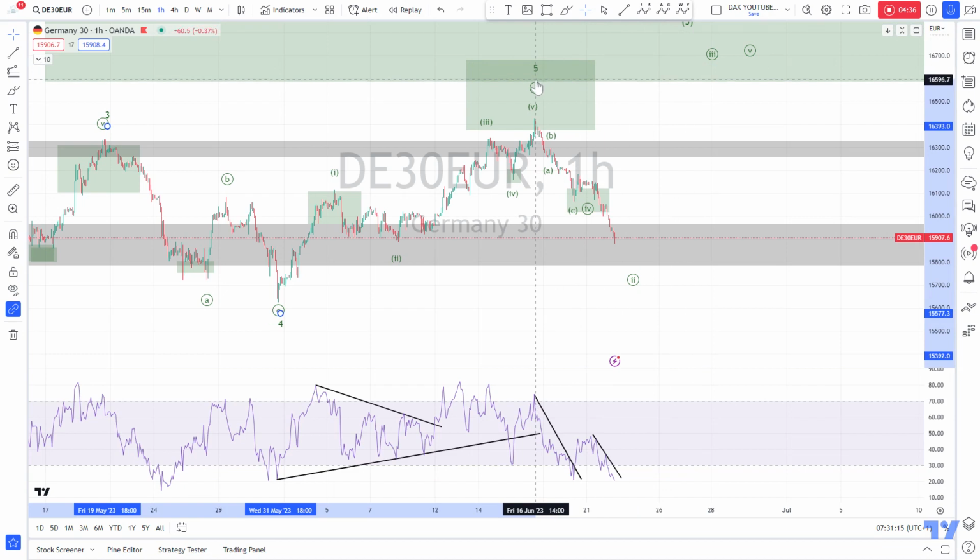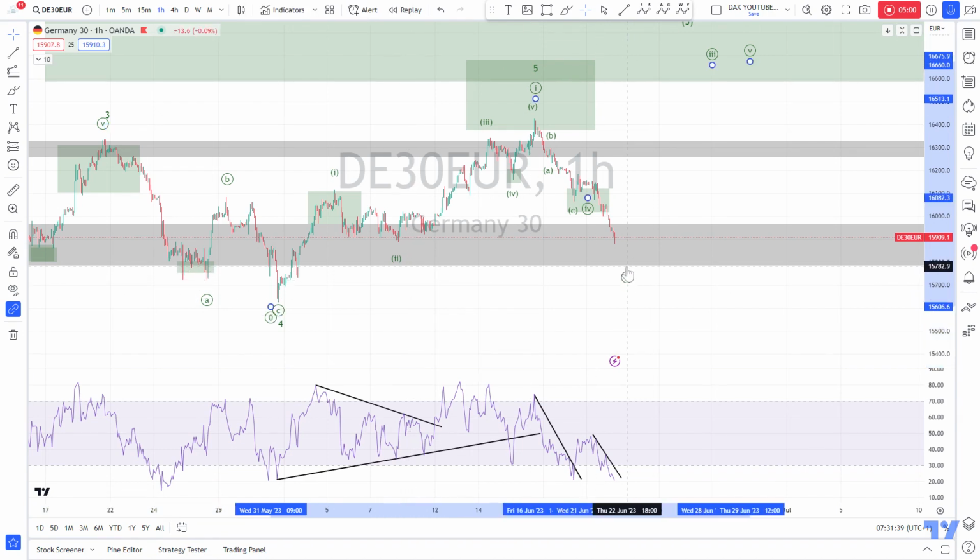It could be that our wave 5 is in here. We have to see. If we take out this low here, then this would be for me a good indication that our high is in here. But as long as we do not take out this low, I have to assume that this is a wave 2 pullback we are having now.